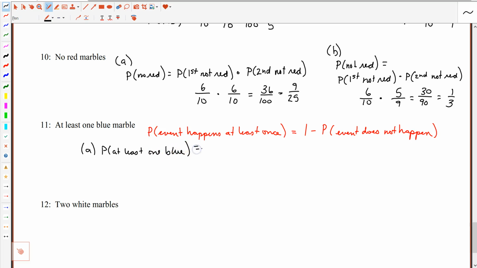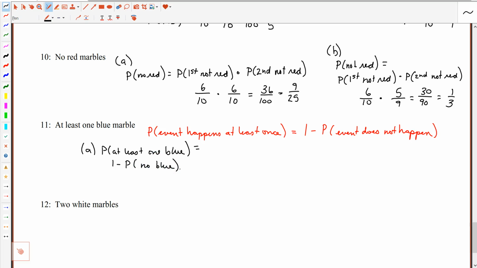All right, so this is going to be equivalent to doing 1 minus the probability of no blue marbles on either of the two pulls. So this is going to be very similar to how we did the no red marbles, except the counts are going to be a little bit different just because we're looking at a different color. So let's go ahead and find the probability of no blue marbles. So what's the chance on the first pull you do not get a blue marble?